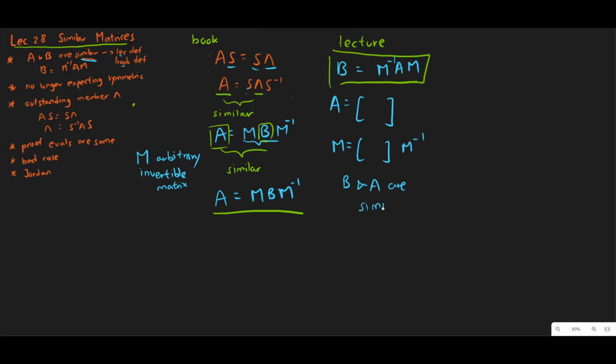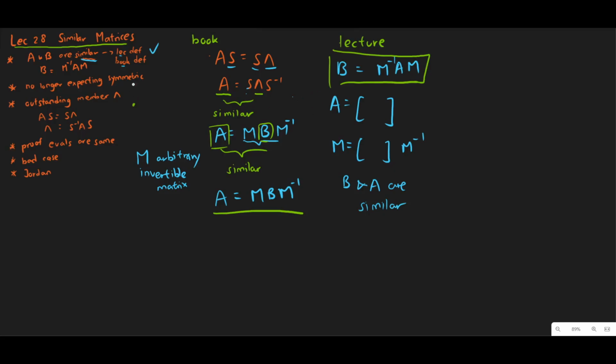That's my first point. Another thing is that we are no longer expecting symmetric matrices. As a side note, we don't need A or B to be symmetric any longer. It can be any matrix in this discussion.